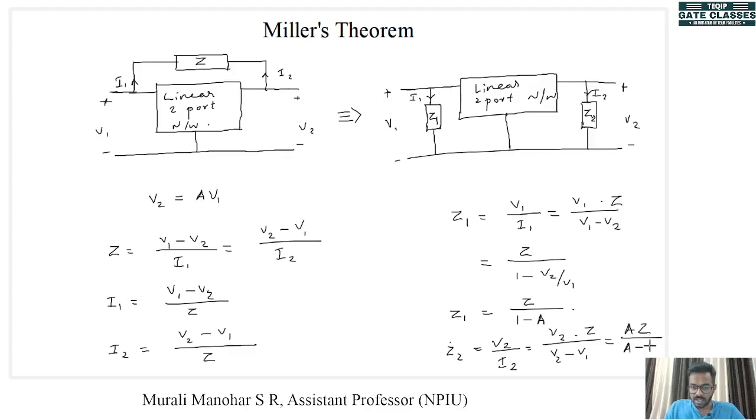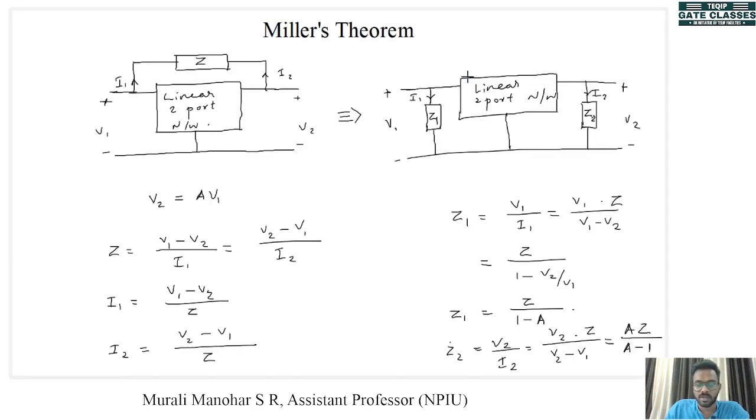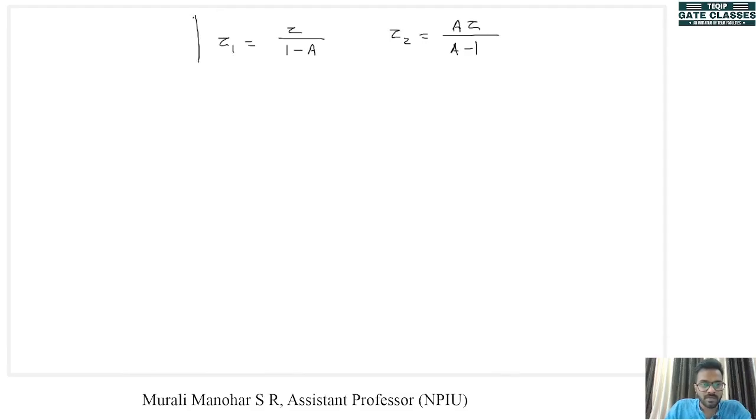So Z2 equal to AZ divided by A minus 1. I am rewriting it here. Z1 is equal to Z divided by 1 minus A, and Z2 is equal to AZ divided by A minus 1. By using these equations, we can find out the value of Z1 and Z2.